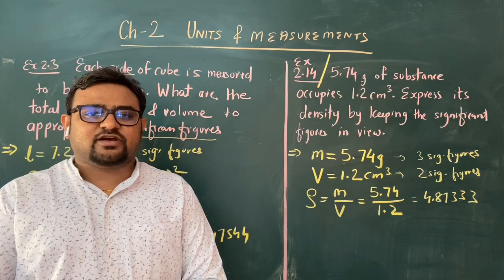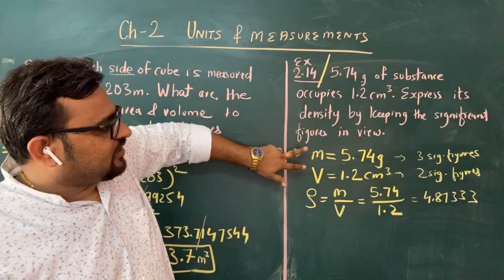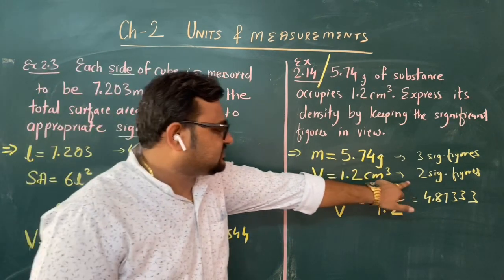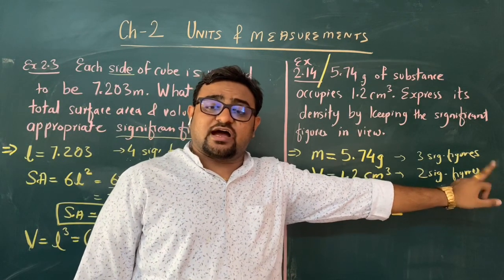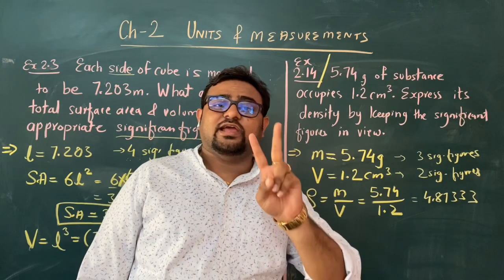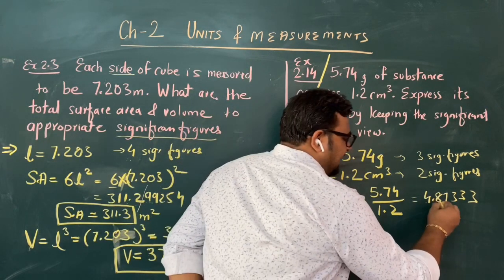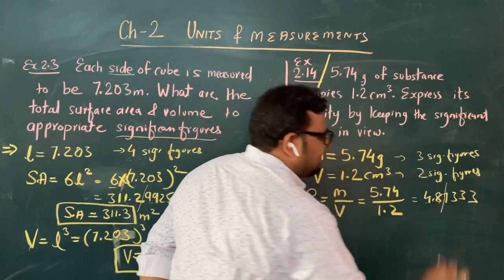Now applying the rule for significant figures. Find out the measured quantity with the least significant figures. So here there are two measured quantities, mass and volume, and the least one is volume with two significant figures. So in your answer, you must have only two significant figures. So 1 and 2. Clear? So I need to round the figure till here.